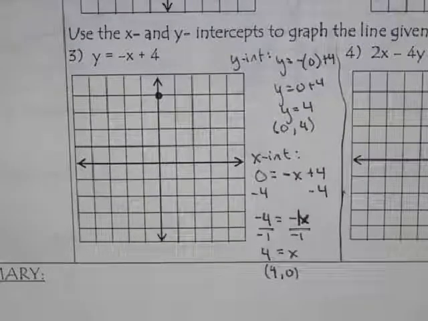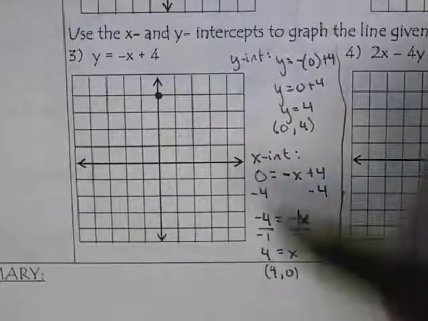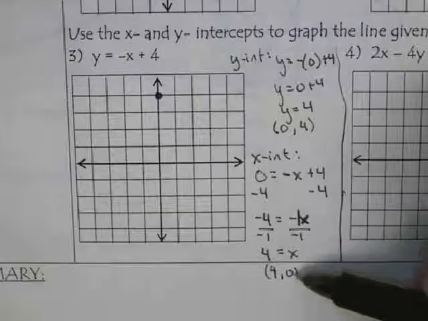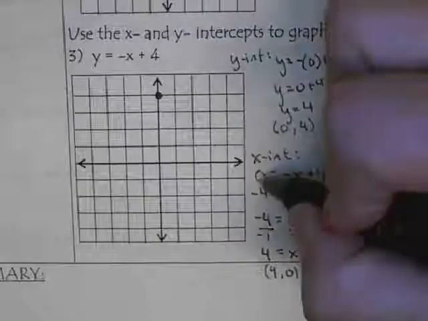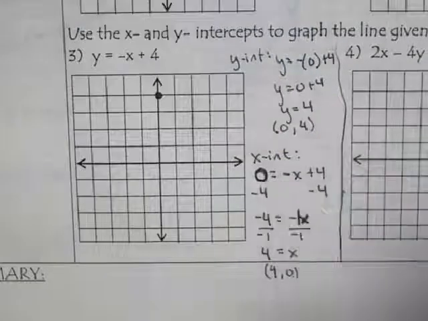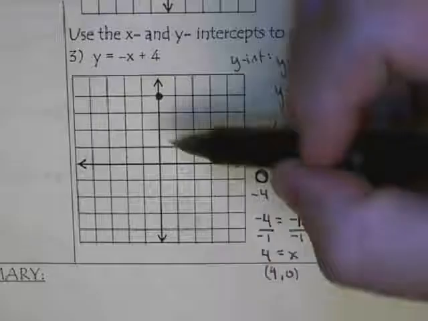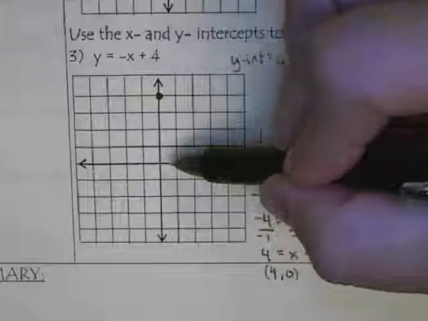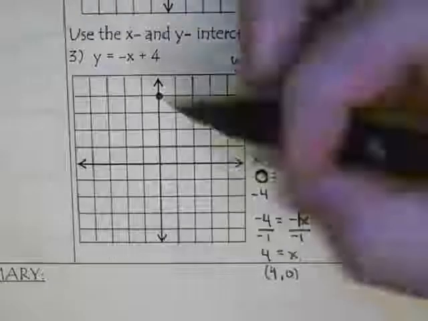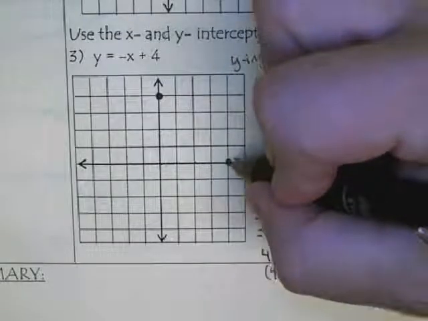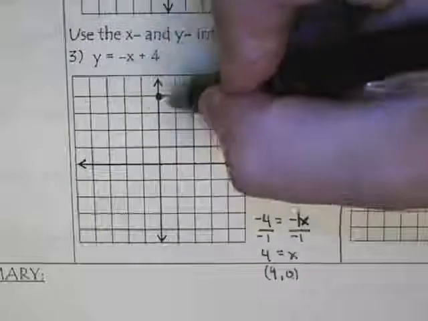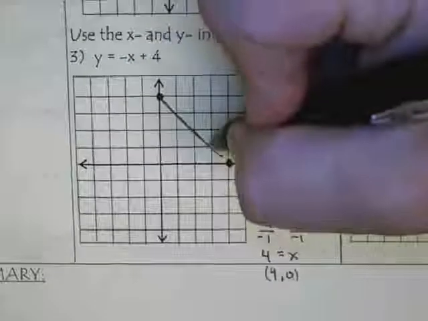The 4 coming from solving for x, the 0 coming from the fact that we plugged in y equals 0. So we already know what this value is going to be because that's what we use to solve for x. So I go starting at the origin to 4, 1, 2, 3, 4. And then y is 0, so we'll stay right there. It's my x-intercept, so it's crossing my x-axis. I've got my 2 dots, and now my favorite game, connect the dots.